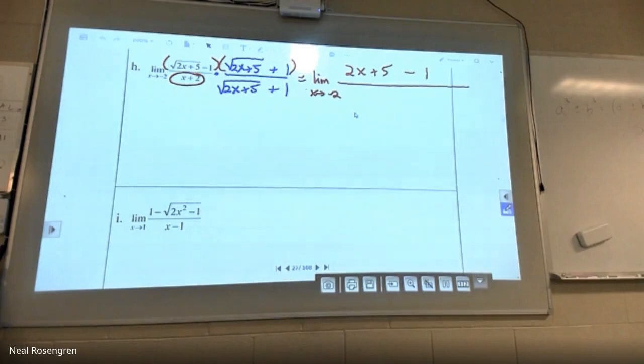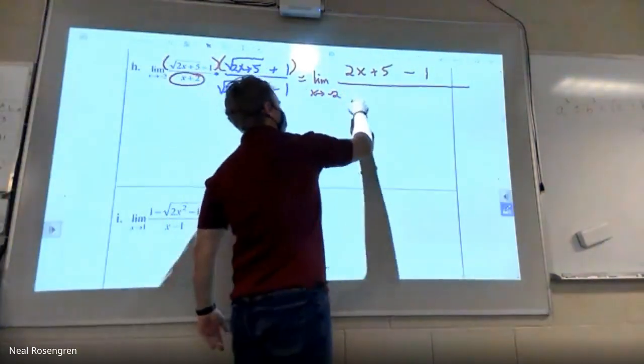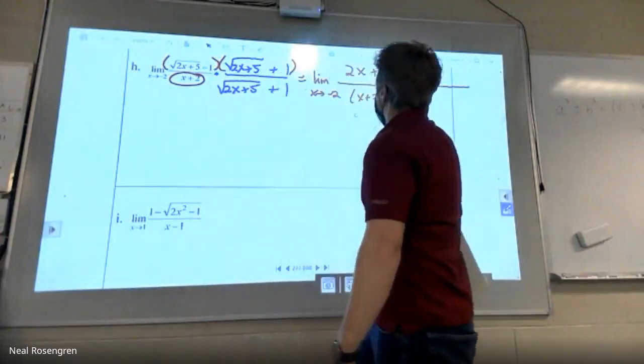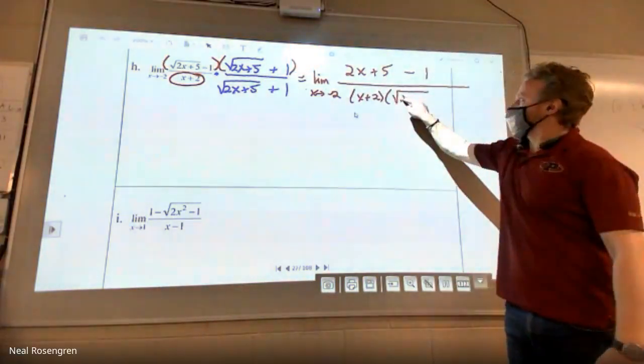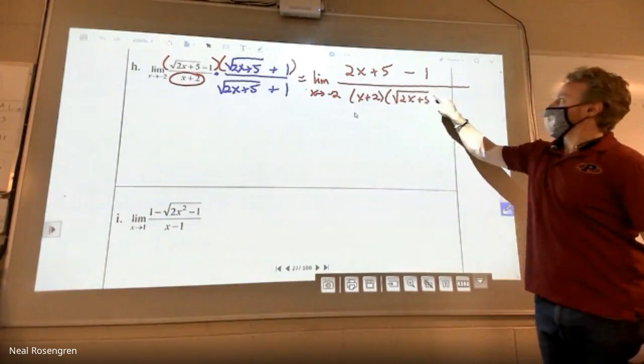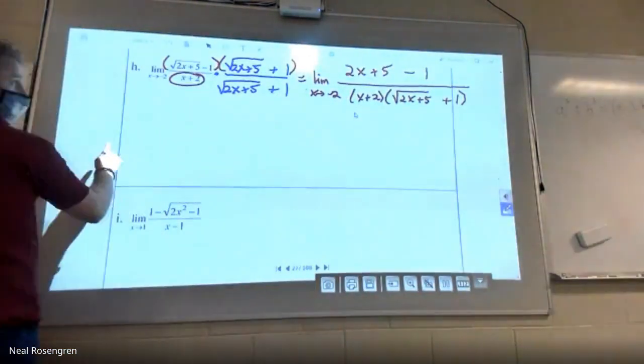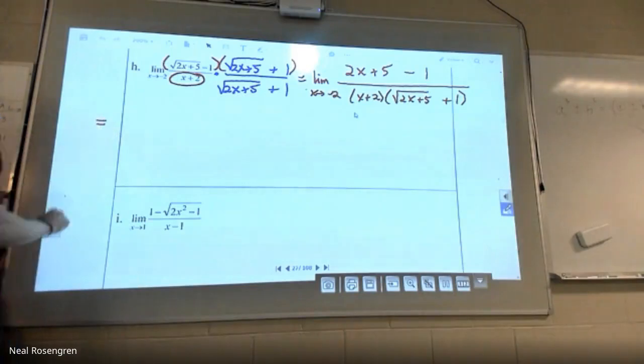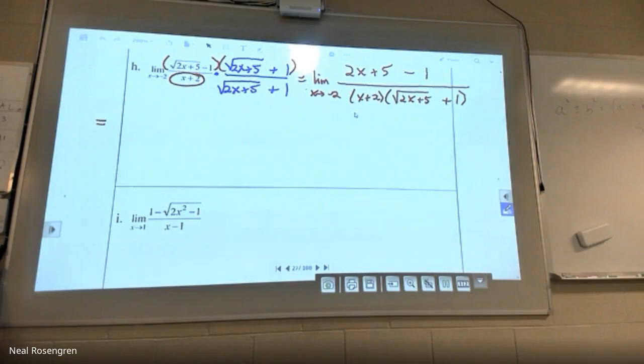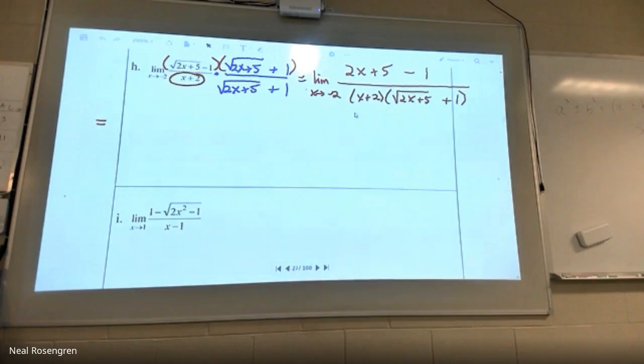Again, bottom, I just leave it. Leave it factored. Parentheses, x plus 2. Parentheses, square root 2x plus 5, plus 1. Now, for very little progress in this step, I'm just going to do the plus 5 minus 1 on top.